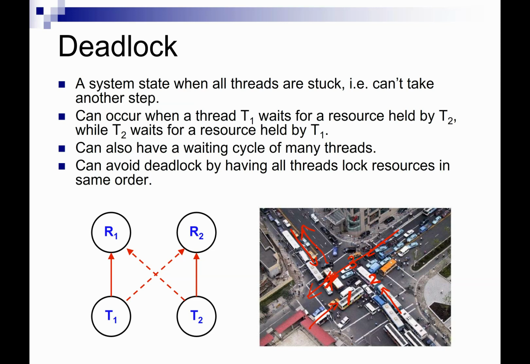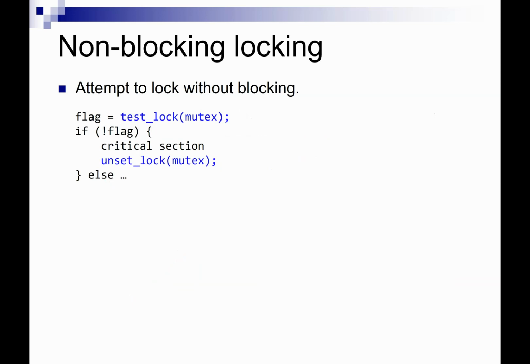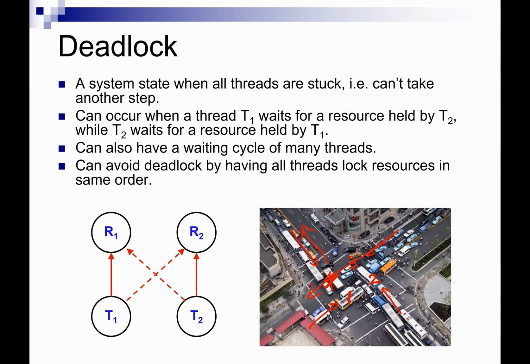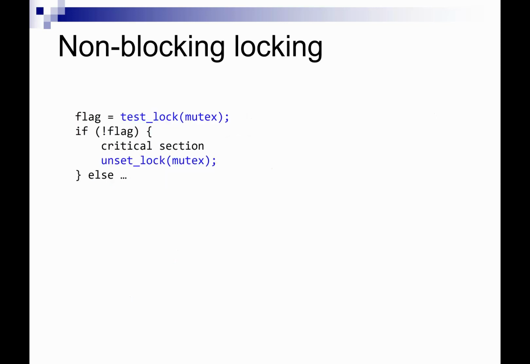So the reason locking resources in the same order doesn't always solve the problem is that, for example, you might not even know which resources you need, so you can't get them in the right order. So if we can't always lock resources in the same order in order to avoid deadlock, then something else we can do is use non-blocking locking primitives.